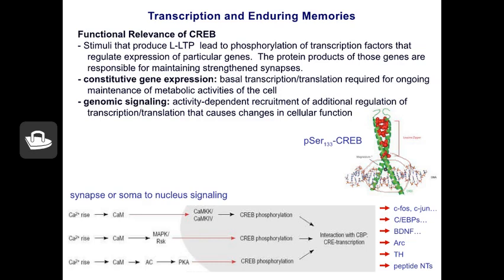Now, overall, the activation of Krebs and other transcription factors is responsible for constitutive gene expression. That is, maintaining the supply of messenger RNA and protein products that are responsible for ongoing housekeeping and maintenance of metabolic activities of the cell.